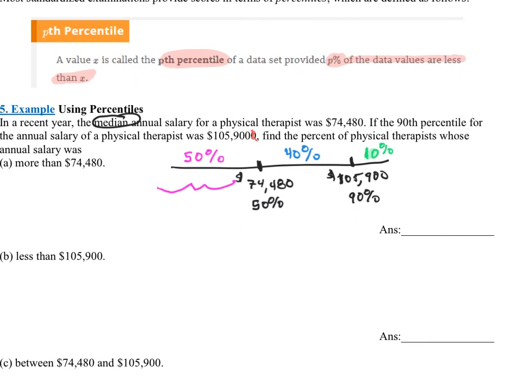It says, how many made more than 74,480? If that's the 50% mark, how many scored more than that? Well, that would also be 50%. There's 50% above and 50% below. So 50% made above 74,480.